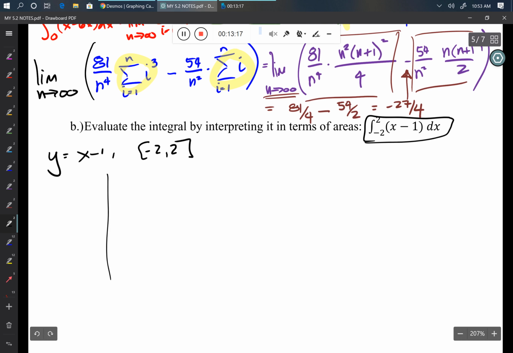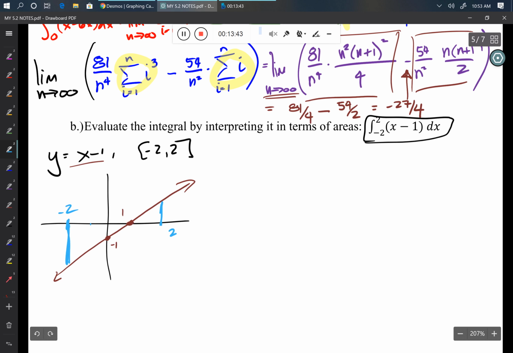Well, if I make a quick sketch of that, this is a line with a slope of 1 and a y-intercept of negative 1, so it goes like that. Crossing here at negative 1, crossing here at positive 1. My job is to find the area between the curve and the x-axis starting at negative 2 and stopping at positive 2.